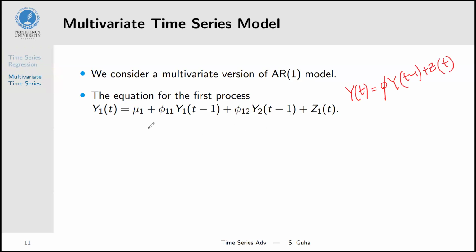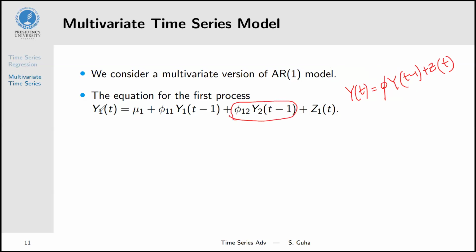Now see that in this case, we don't have a single variable, but we have two variables. So we not only want to include the number of patients from yesterday, but also the measured value of temperature from yesterday. So you also want to include that in the model. That's why we have an extra term here.